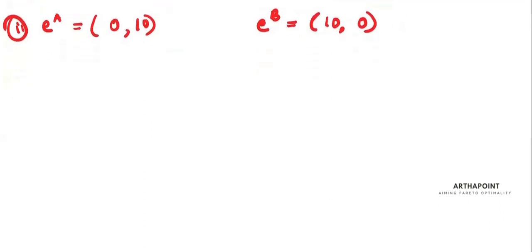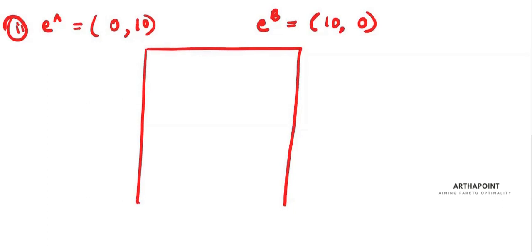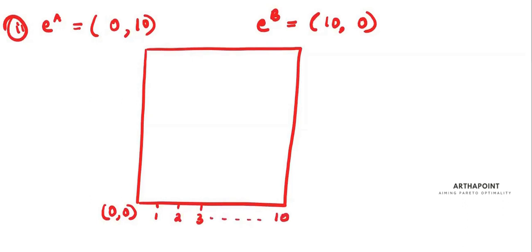So what we can go ahead and do is that we can build an Edgeworth box out of it, which would be 10, 10. And I'll have 0, 0 here. And this is 1 unit of good 1, 2 unit, 3 unit, and so on. This is 10 units of good 1.